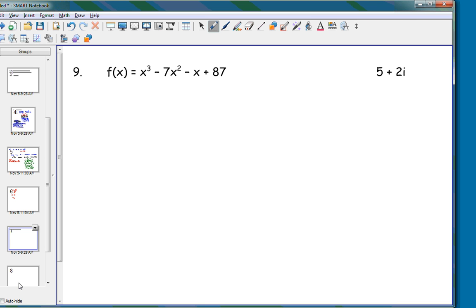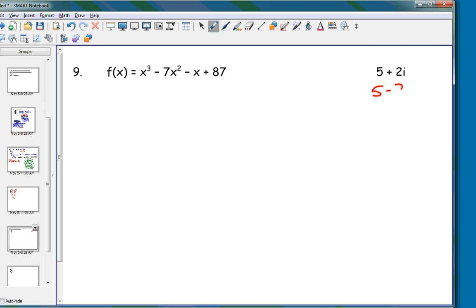Okay. Now, on the back side of this worksheet, you have 1, 2, 3, 4 problems. And the directions say use the given 0 to find all the zeros of the function. Now, I'm telling you this is my polynomial, and then I'm telling you that 5 plus 2i is my root. So what's my other root?